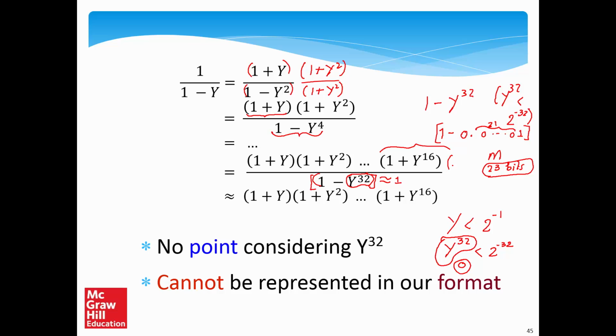For example, even if you multiply this with 1 plus y to the power 32, it will make no difference at all. The reason being that y to the power 32 cannot be represented, so it will not affect any of the other terms. So this number is approximately equivalent to 1 plus y multiplied with 1 plus y square till 1 plus y to the power 16.